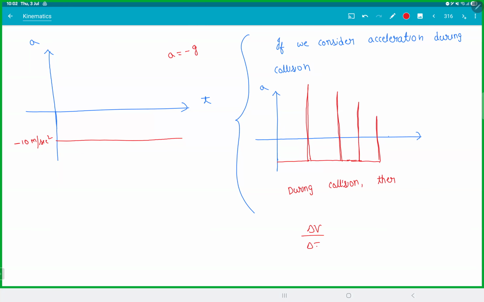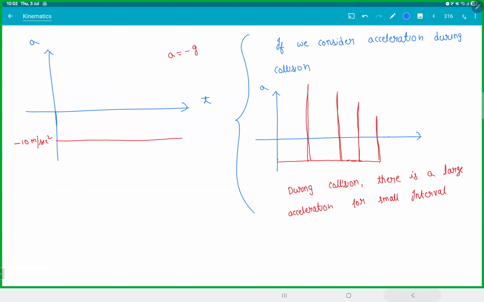You get a huge acceleration, so we represent that with the spikes. The value just goes up and then again comes back to g. Just a theoretical thing. In case they ask you to consider the collisions also, the graph would look something like this. Clear with the AT graph?